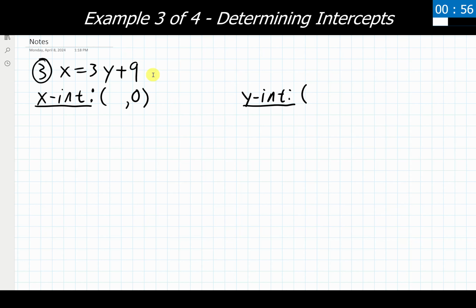For the y-intercept, we know the x value is always 0. So we have our two shells of our answers set up right here. All we're doing is plugging in 0 for x or for y, depending on which one I'm solving for, and working that out to get the corresponding x or y value for that point. So we'll write those out and go through those now.